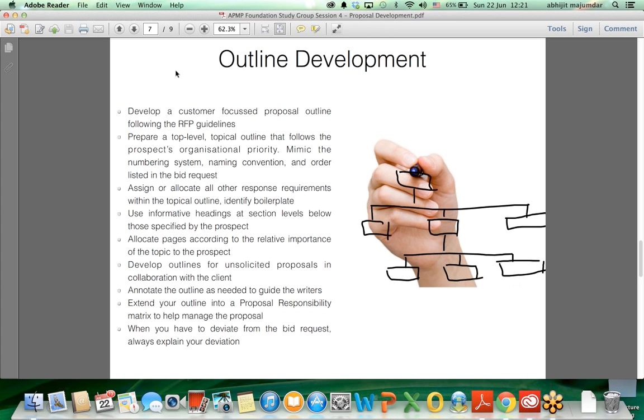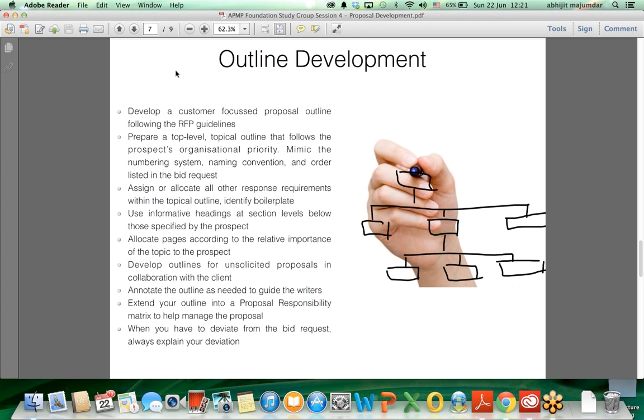So your allocation of pages to a particular topic should depend on the importance of the topic to the prospect. I have seen people writing 15 pages, 20 pages about the company, whereas the solution in the proposal is only 10 or 15 pages.